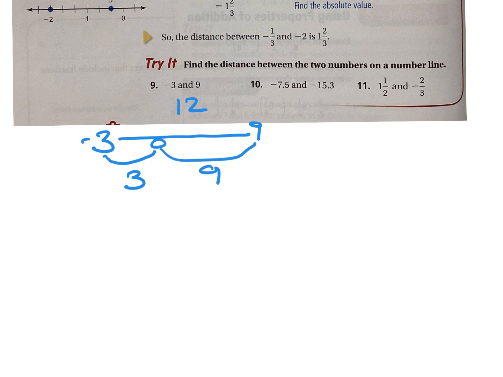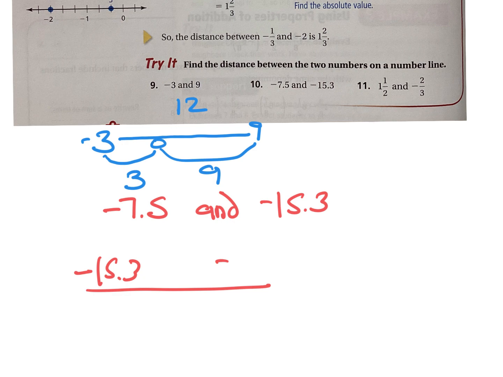Let's look at number 10. Negative 7.5 and negative 15.3. So in a number line, you have negative 15.3 right there. You have negative 7.5 right there, and you'll eventually have 0 down there. So I just need to go from here to here. So the distance for these two is just going to be the difference.